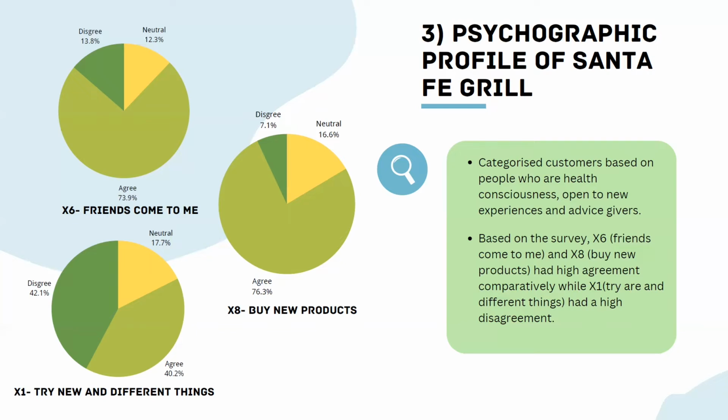We can clearly see that X6 and X8 have a really high agreement rate of 73.9% and 76.3% respectively. However, X1 had a moderately high disagreement rate of about 42.1%, which is the highest amongst any other question. So we get a sense of the psychographic profile of Santa Fe Grill's customers.